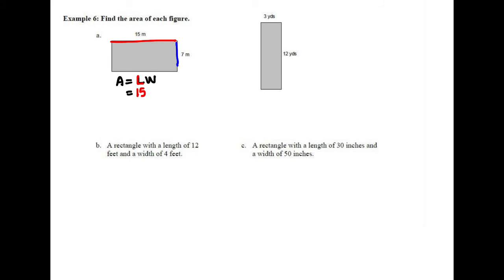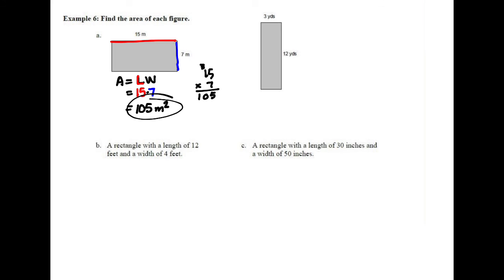And width is going to be the short side, which is 7. And shoving them right next to each other means multiply. So 15 times 7, we get 35, carry the 3. 7 times 1 is 7, add 3 is 10. So it's 105 meters squared. And that's your answer. Okay, let's do the next one.